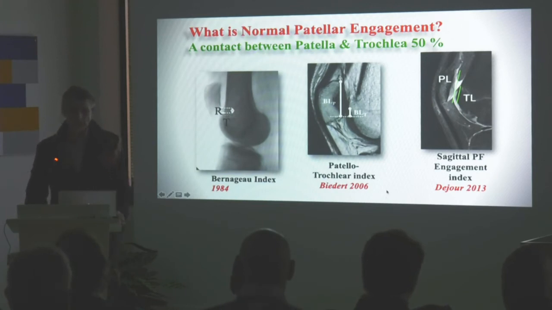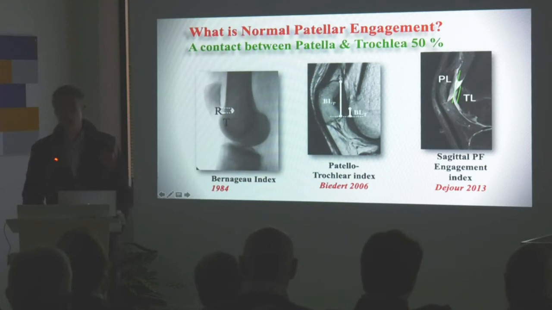Then Bieder described the patellotrochlear index, very nice, because it quantifies the engagement of the patella in the trochlea. The Bieder index is good, but if you have a subluxation of your patella, you will not be able to measure it.